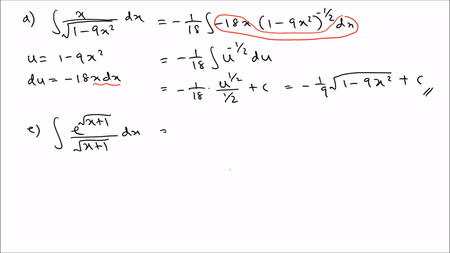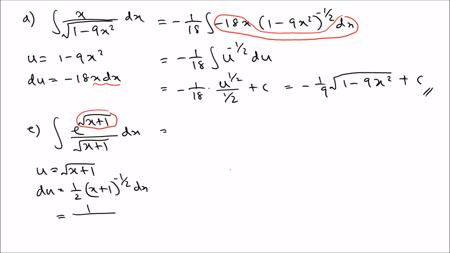Normally, when you have an exponential function, we always pick the power as u, the whole thing. So that's one thing you have to remember. So u equals whatever the power of the exponential function is, pick the whole thing. Now take the derivative: this is 1/2 times (x plus 1) to the negative 1/2, dx, or if you rewrite this, you can write it as dx over 2 times the square root of x plus 1.